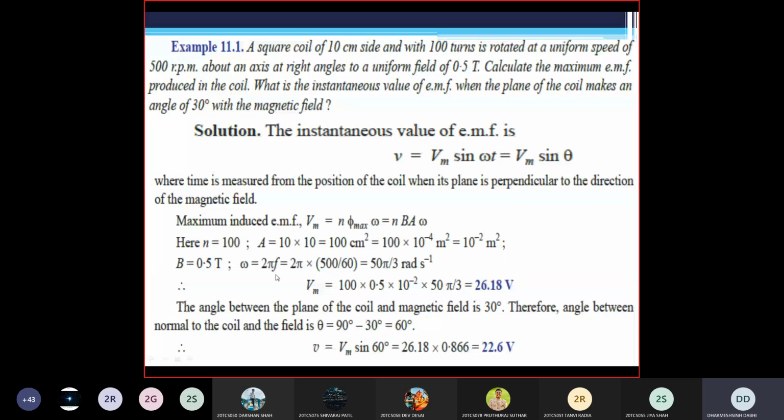Omega is nothing but 2 pi into F. F is nothing but 500 rounds per minute divided by 60 seconds, so you get the rounds per second. So you get omega as 50 pi divided by 3. The unit of omega is radian per second. If you put all these values in the equation of Vm, you get the maximum EMF as 26.18 volt. All of you get this answer?